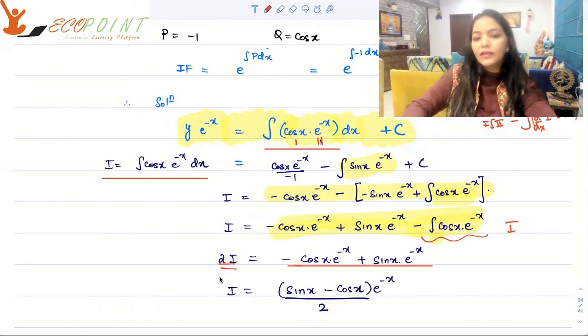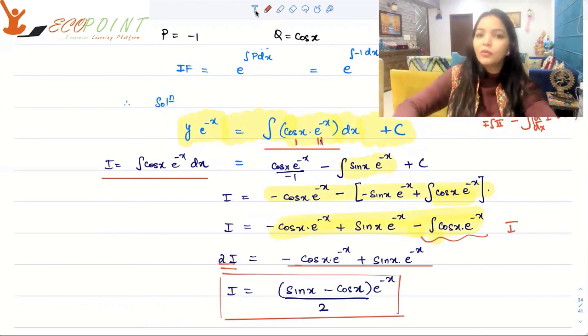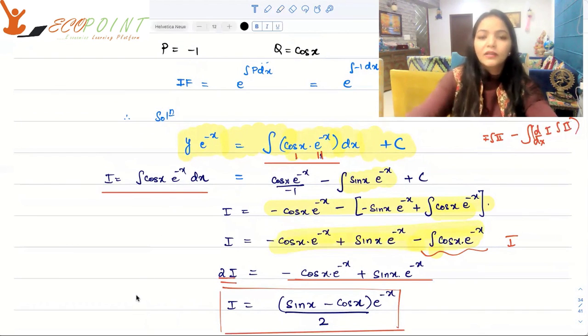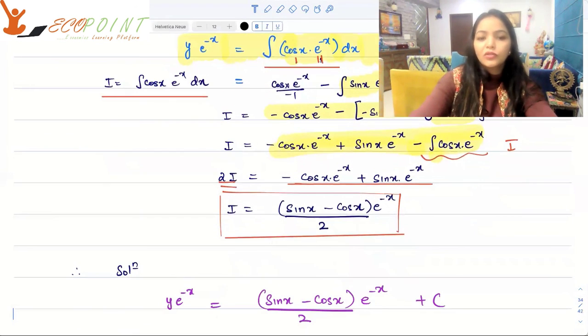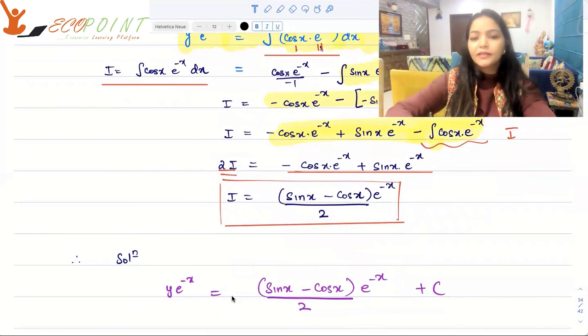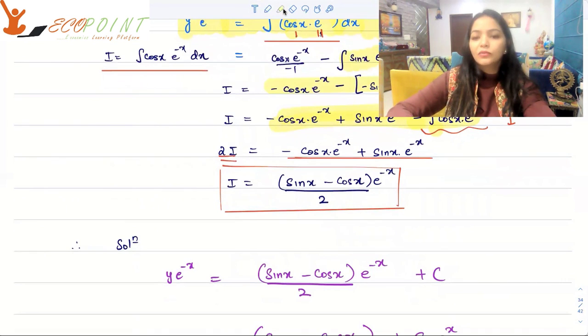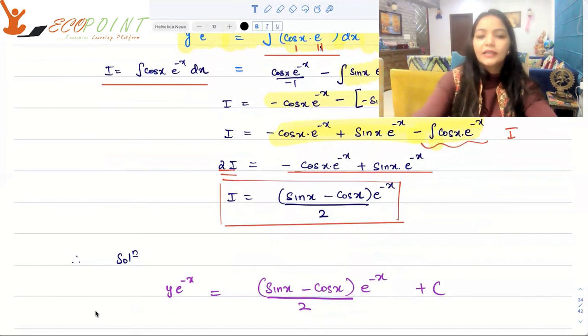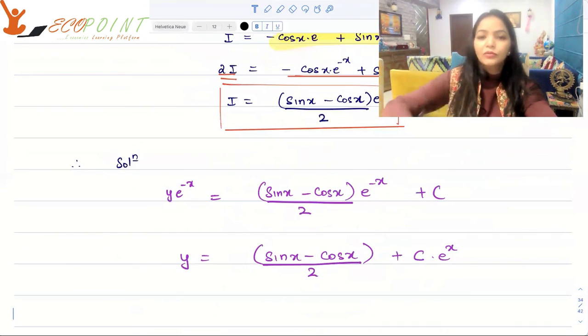So this gives you that I is equal to sin x minus cos x upon 2 e to the power minus x. Now put it back in the solution that you have. Solution is y e to the power minus x equals to sin x minus cos x upon 2 e to the power minus x plus c, which means that y is equal to, what will happen?